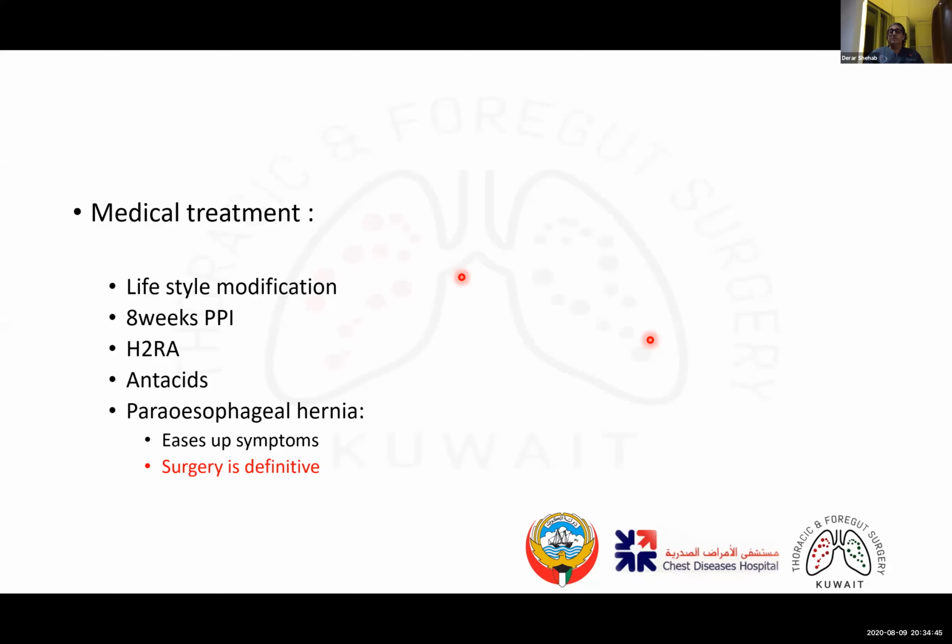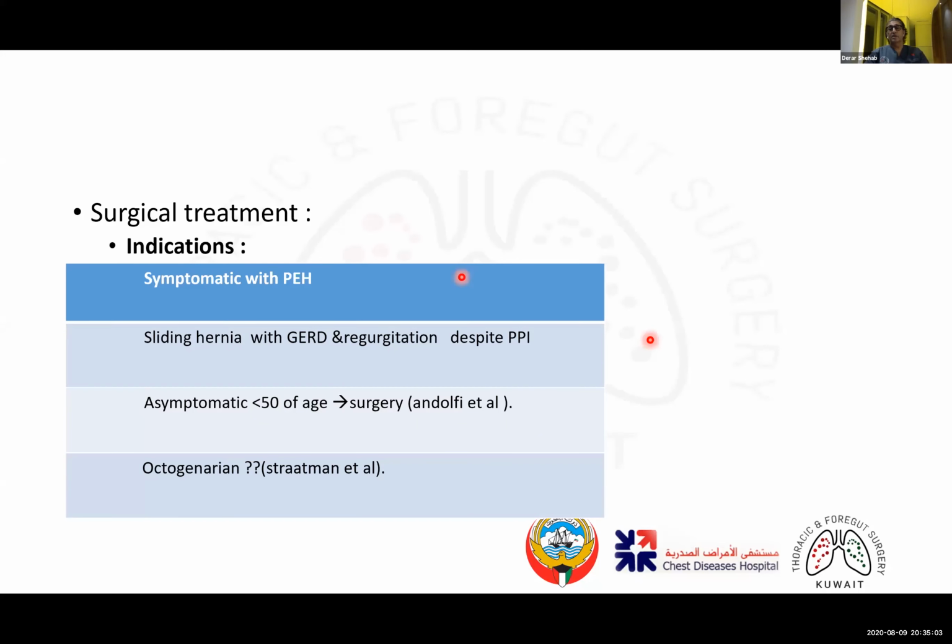At the same time, I would start them on PPI for 8 to 12 weeks. And those drug treatments actually ease up the symptoms until we do the more definitive treatment like surgery.